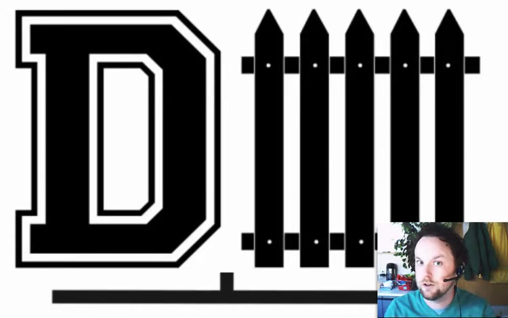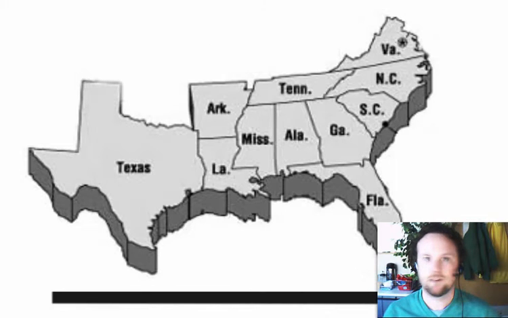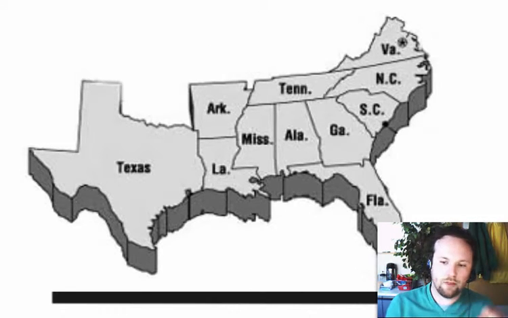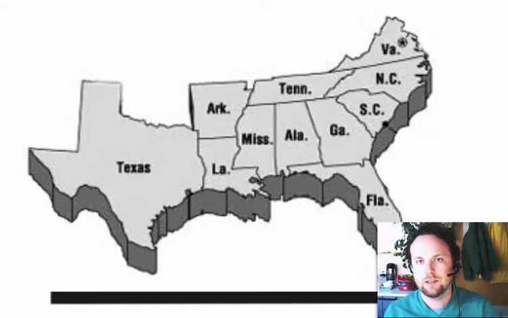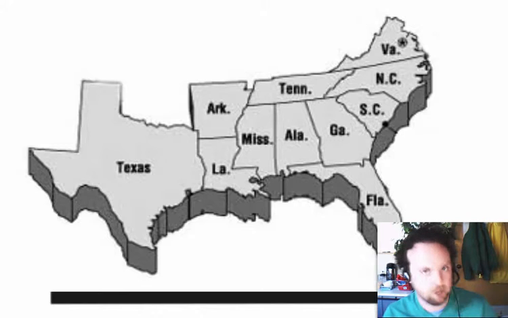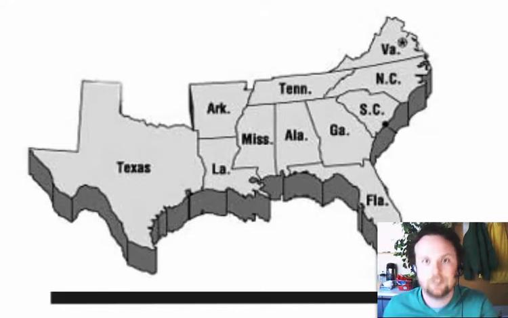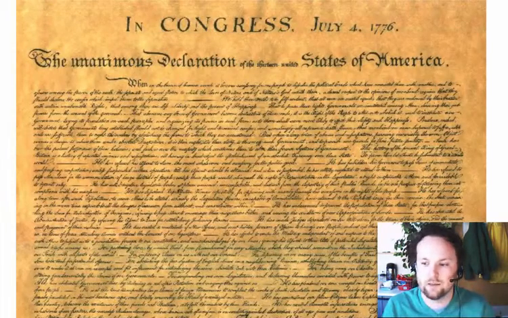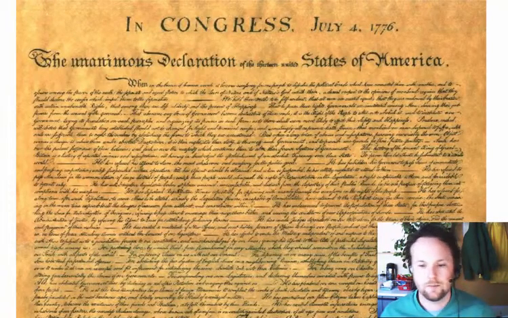We don't need to conquer the North, we just need to keep the fight going long enough for the North to just give up and say, go ahead and be your own Confederate States of America. The South really just wanted to become its own separate country and to have the North agree to that. They felt justified in doing so because it was almost exactly the same as what the colonists had done when we broke away from England.